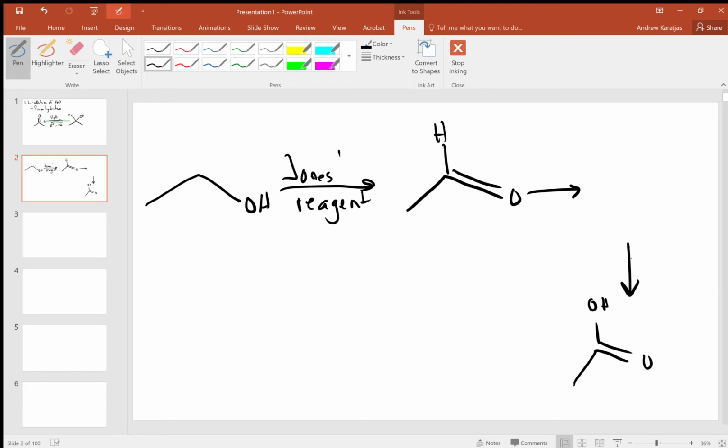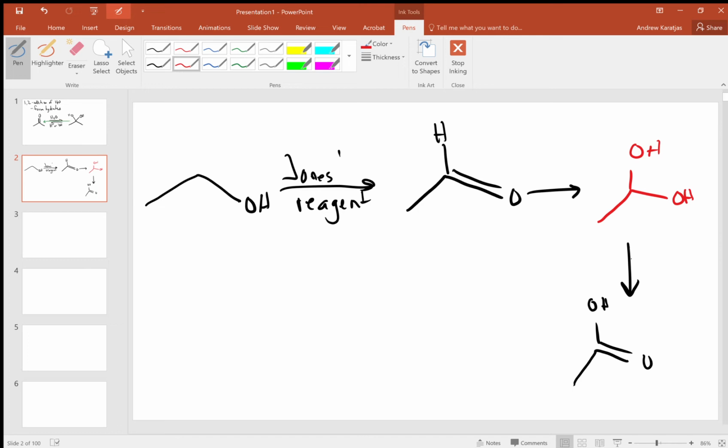And so this is an example of a reaction where this hydrate formation actually plays a very prominent role, because this step in between the aldehyde and the carboxylic acid is the formation of the hydrate.